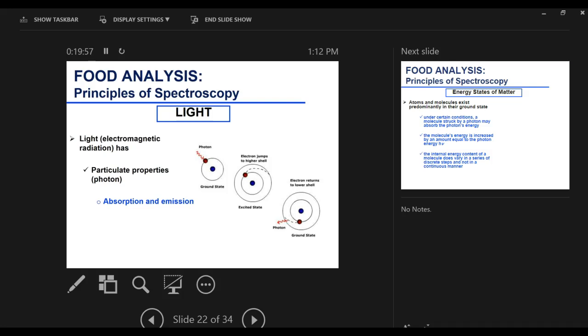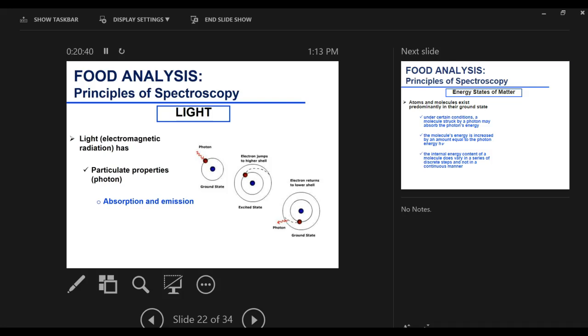So what happens is when a photon of light hits a valence electron, that means an electron in the outer shell, if the energy is within the capacity that is allowable for the atom to absorb, because every atom has allowable energy to absorb, then the photon of light is going to be absorbed by that electron, and the electron is going to jump to a higher orbit or shell. So it's going to go up a level. And that brings it to an excited state.